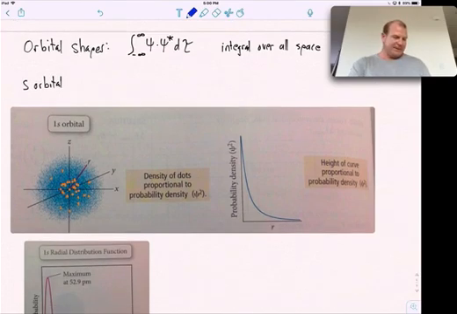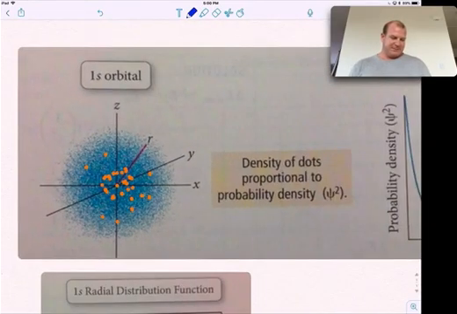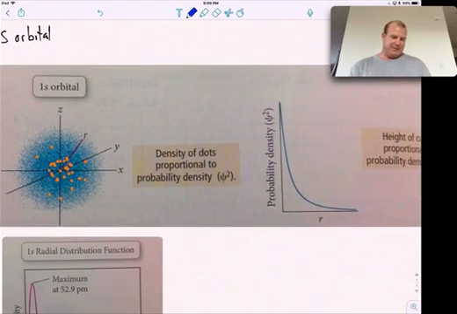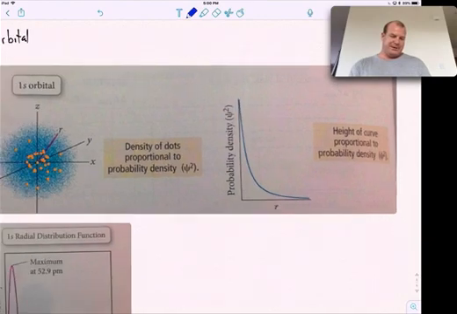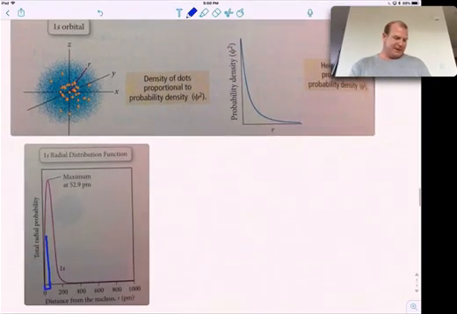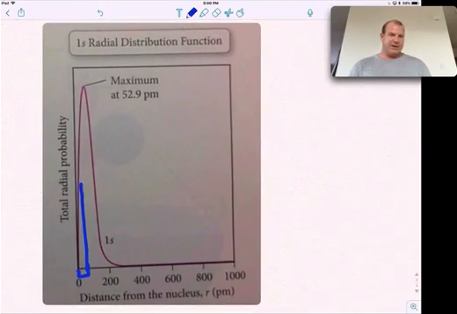Okay, so here is the s orbital, and this is the 1s orbital. And this is the density, the probability density. If you look at the probability density, it approaches infinity as you get towards the origin. But then if you look at the radial distribution of that, so where the electron actually is, what's the difference here?